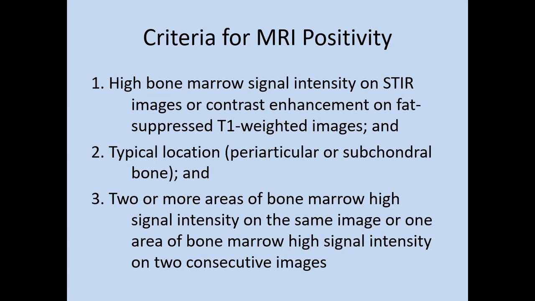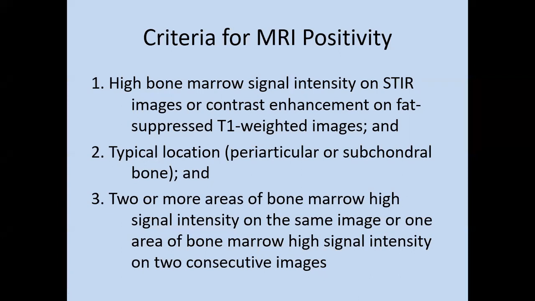But if you only saw one area of edema, then it should be on more than one image, like 2 consecutive images or more. So it's either 2 areas of edema on one image or 1 area of edema on 2 images or more. If we follow these criteria, we will have a high level of inter-reader agreement. We will all call it active disease.